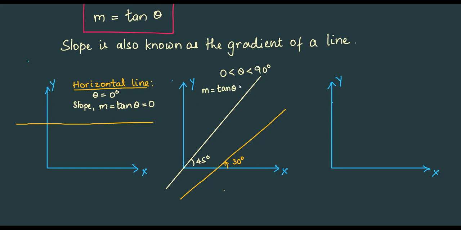If we know trigonometry, in the first quadrant the values of all the ratios, sine, cos, tan, everything will be positive. So the slope will be positive.